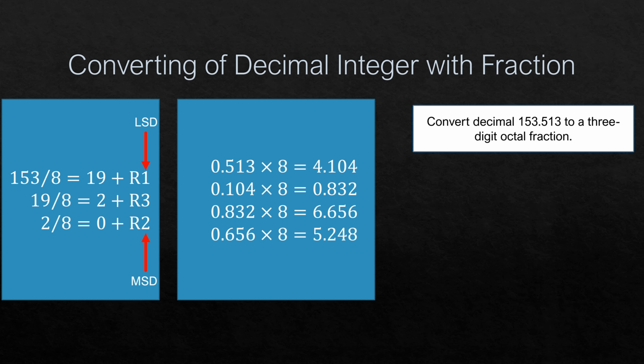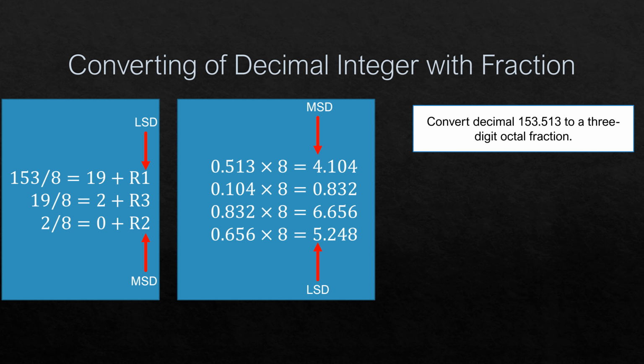Now we take the fractional part and we multiply by 8 and we collect our integers and continue to multiply by 8. In this case, our most significant digit is our first integer collected, which is 4, and our least significant digit is our last integer collected, which is 5.